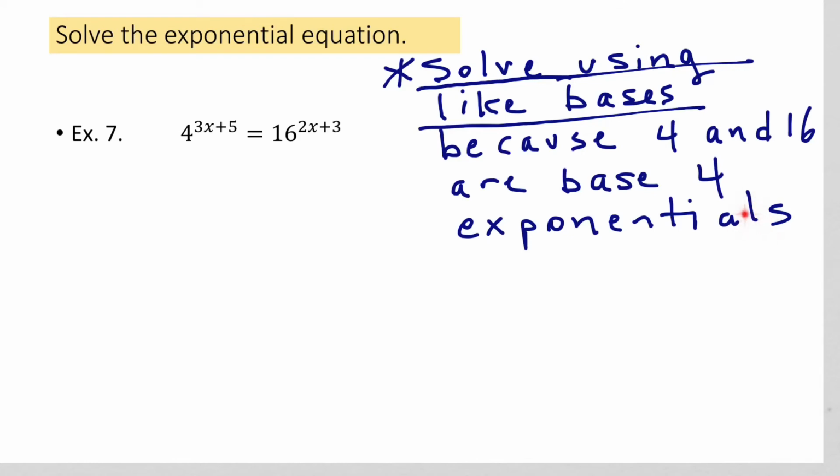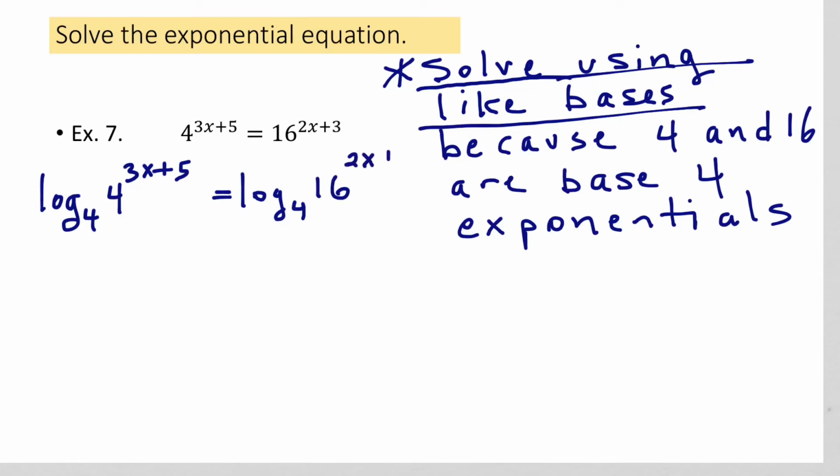You'll end up with some sort of regular, so to speak, looking number. So I'm going to take log base 4 of 4 to the 3x plus 5, and I'm going to take log base 4 of 16 to the 2x plus 3, and I'm going to be able to see that this part here is going to cancel each other out because of our inverse properties.